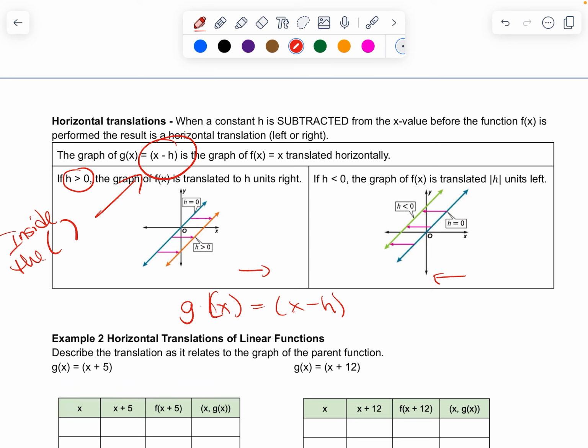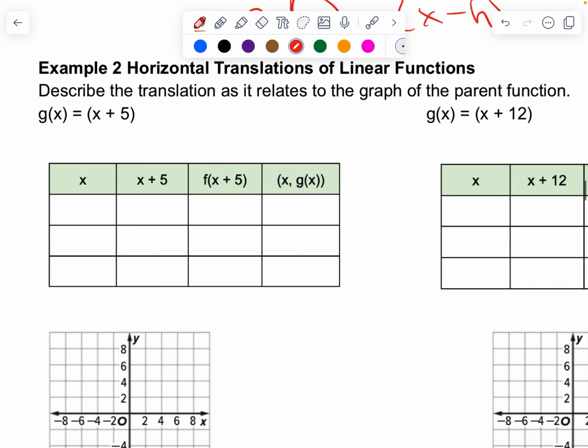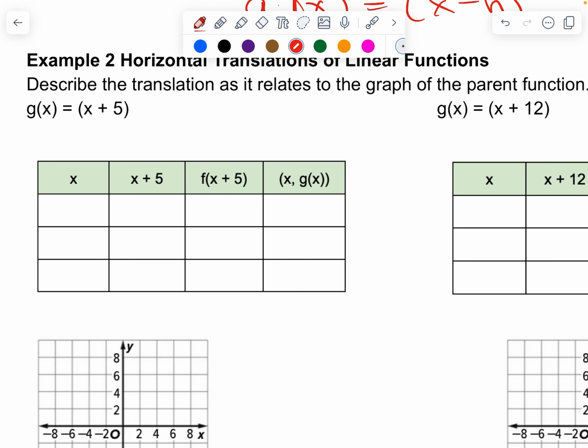So now we're going to come down here. You ready? Here we go. So x, I don't know, -1, 0, 1. We're going to add 5 to these x values. So that's going to be 4, 5, 6. All we did was add 5 to these, giving 4, 5, and 6.